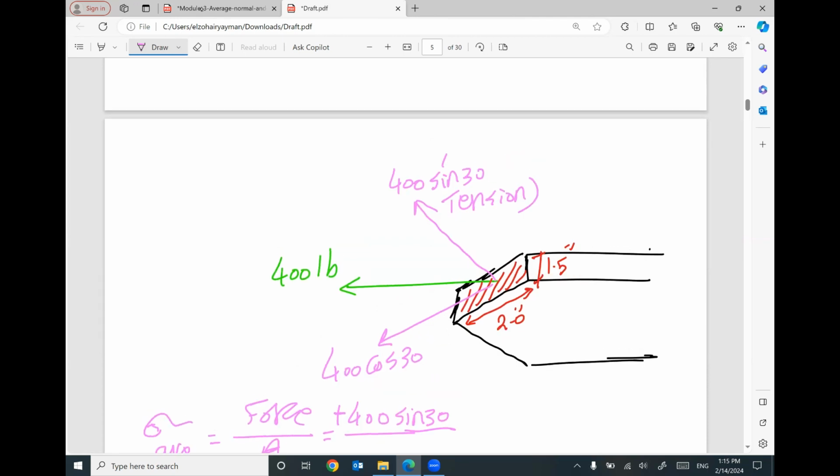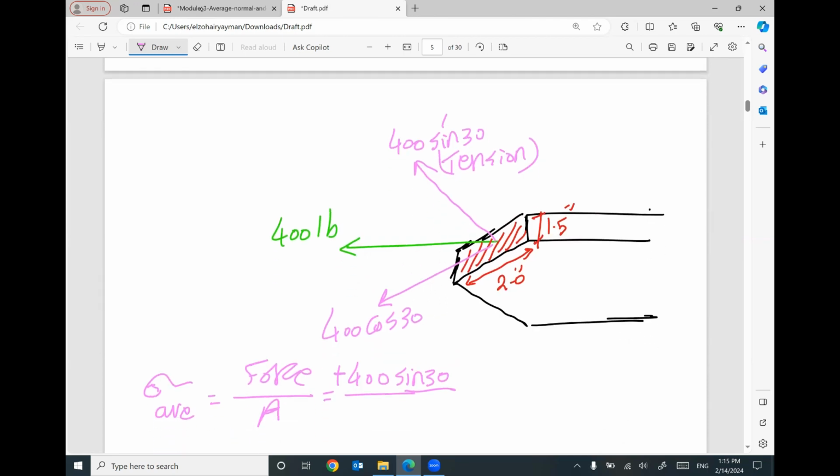So the stress will be positive, divided by the area, which is 2 inch by 1.5 inch. So the stress will be 400 times sine 30 divided by 2 times 1.5. This stress will be 66.67 positive pound per inch square, or psi.